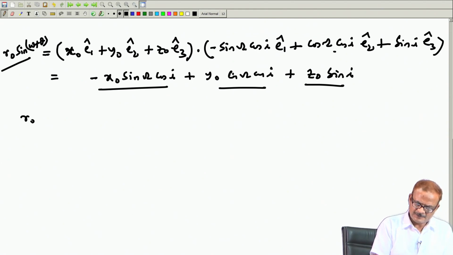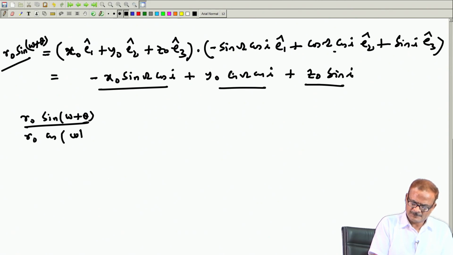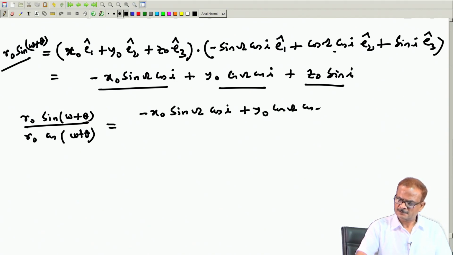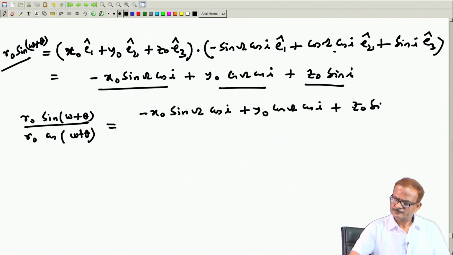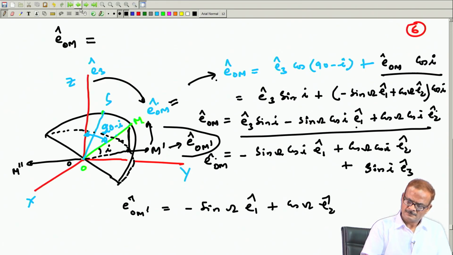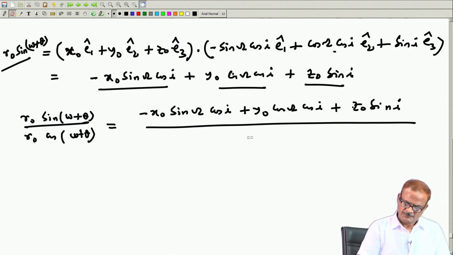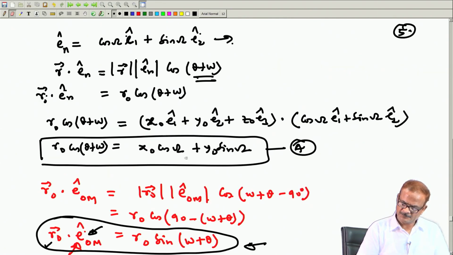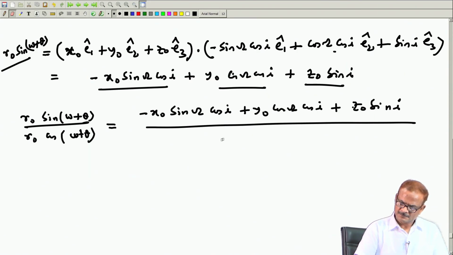Now, if we divide R 0 sin omega plus theta by R 0 cos omega plus theta, this gets reduced to minus x 0 sin capital omega cos I plus y 0 cos capital omega cos I plus z 0 sin I, divided by x 0 cos capital omega plus y 0 sin capital omega.